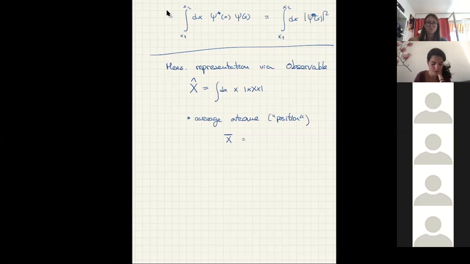It's just psi, the operator, psi. What it does is the integral dx x of the wave function, and here comes the probability of getting one specific position, and then you average with the value of the outcome.